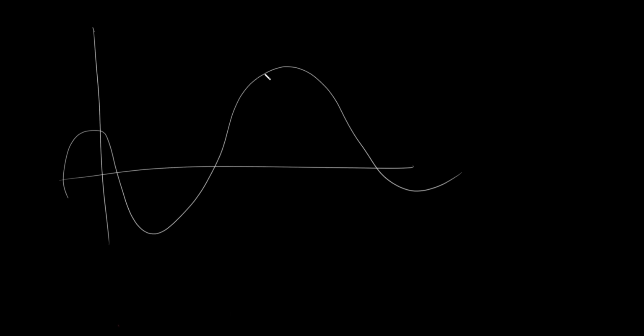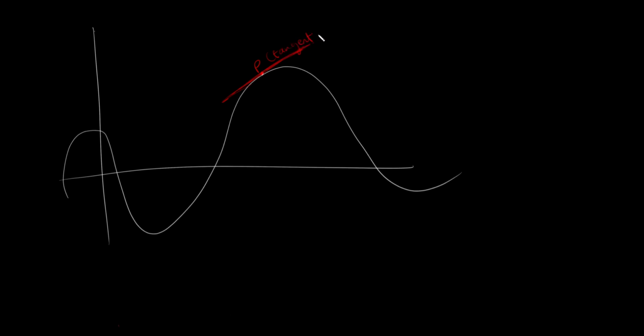So for example, let's choose point P. Let's take another color here. Let's give point P red. This is the tangent line for point P, a red line.